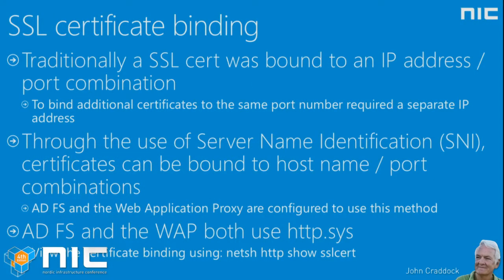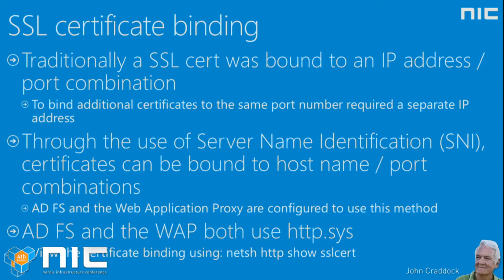Okay, SSL binding. Traditionally, our binding has been bound to an IP address, so it's an IP address and port number, and that's where the cert binds. The problem is we cannot bind multiple certificates to the same IP address.